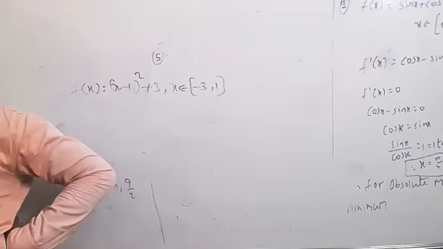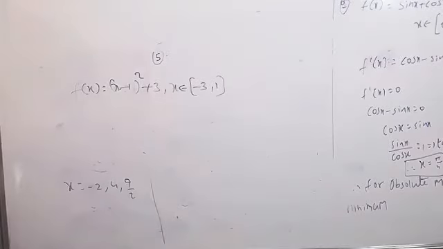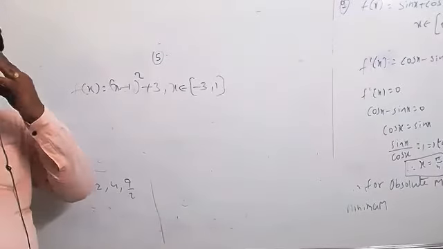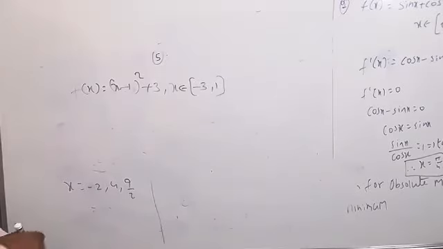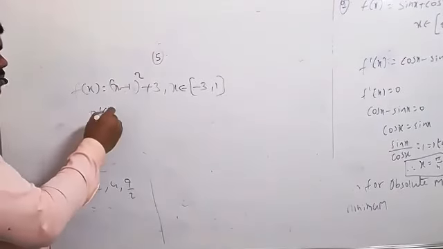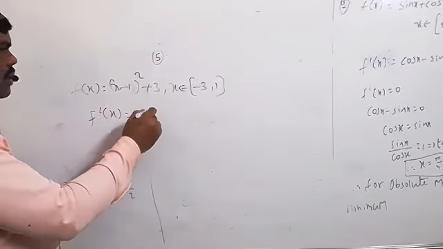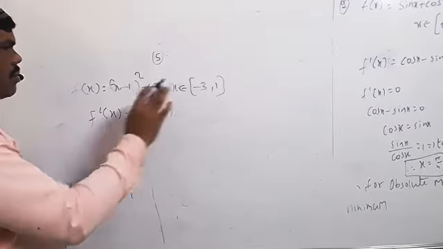x equal to 1, not minus 1 by 2. Differentiate: 2 into x minus 1, and the constant is anyhow 0.